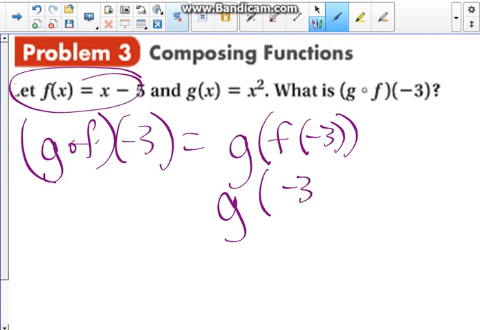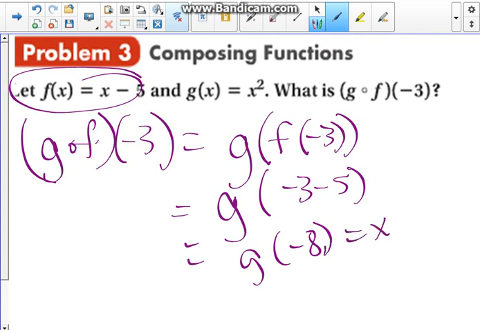So it becomes negative 3 minus 5, which is equal to g of negative 8. And now let's solve our g with negative 8. So g is x squared, and we're going to replace x with negative 8. So it becomes a positive 64. And that's our answer.